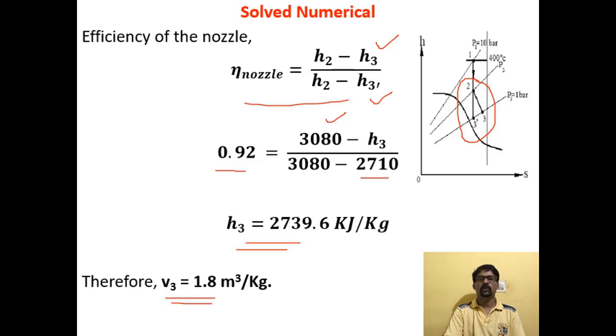So to locate point 3, you have to note 2739.6, that is nearly 2740, on the enthalpy line and go horizontally till it intersects the 1 bar pressure line. So 1 bar and 2740 line, that is point 3. At that point you find out the specific volume, which you will get as 1.8 meter cube per kg.